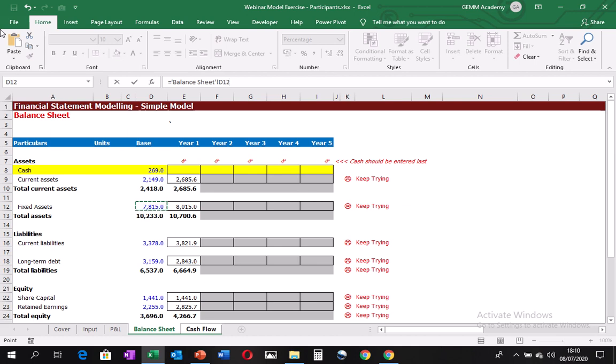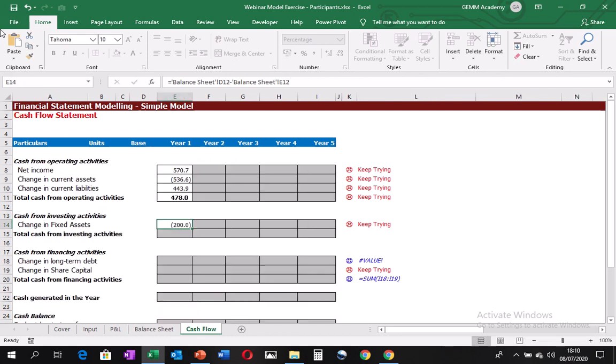in this simple model. Alright, so in order to show that acquisition of fixed asset is cash going out of the company, it is going to be the base year minus the current year, so that when it is increasing, it's showing that cash is going out. Alright, that's the only item we have there.